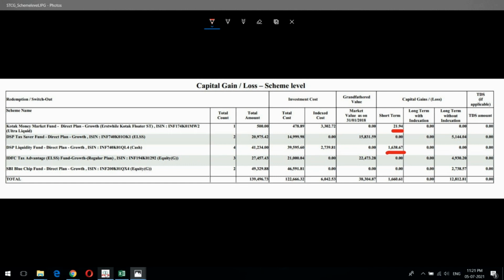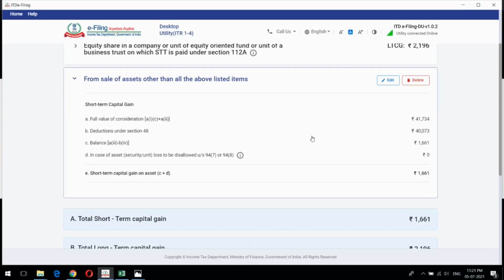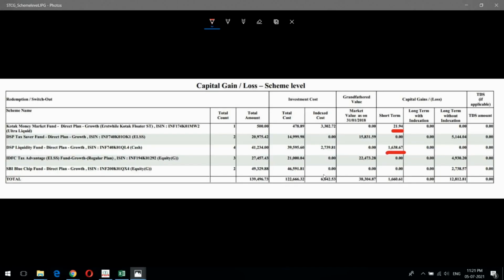In our case, here you need to give a total figure: how much you have invested and how much you have gained, and the difference will automatically be calculated. So you have to gather information like that. You have to find out the total cost of investment and the amount that it finally became when you redeemed.